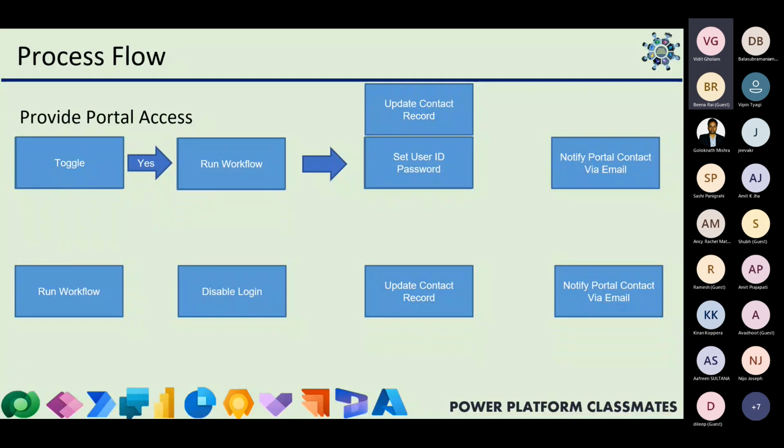For this use case, we'll have a yes/no toggle on the contact in our CRM, and when it is toggled to yes, we will set the user ID for that user, the password for that user, and we'll email the user ID and password to that contact.